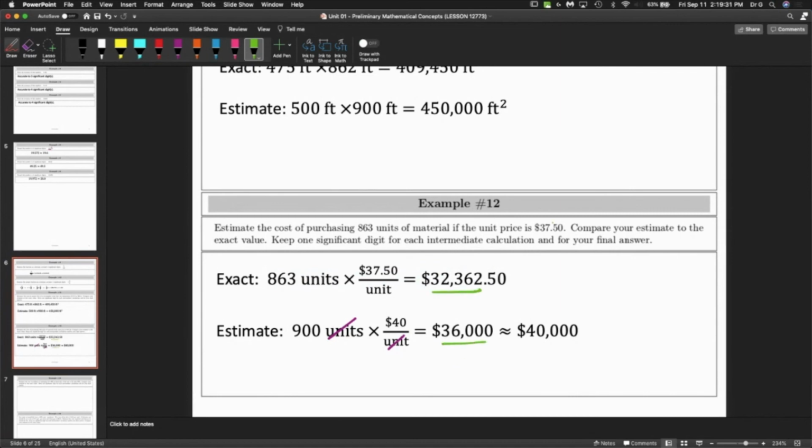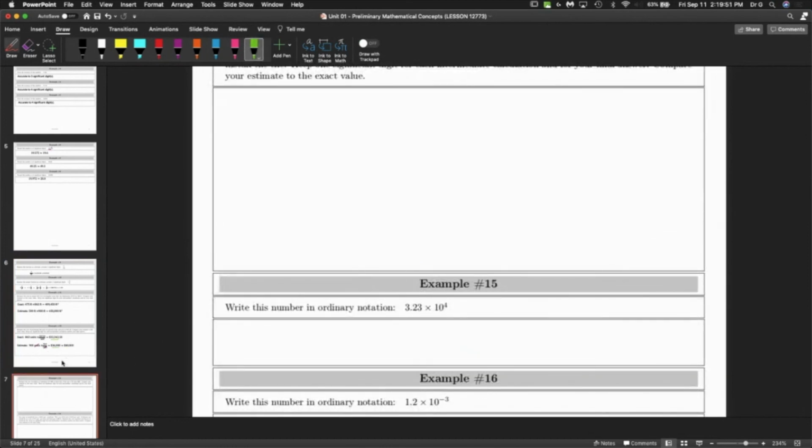Thank you, Alakbar. The nice thing about this is that in a very short time frame, you can determine if you have enough money in the bank to pay for that particular purchase order. So that's the purpose of estimating. It's quick calculations.